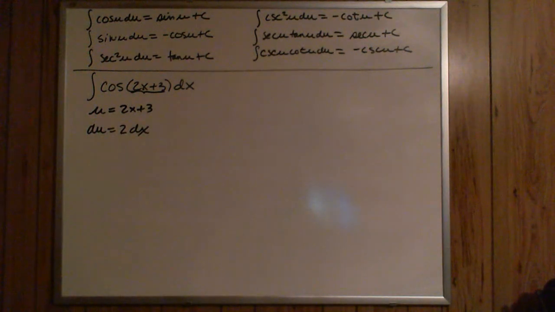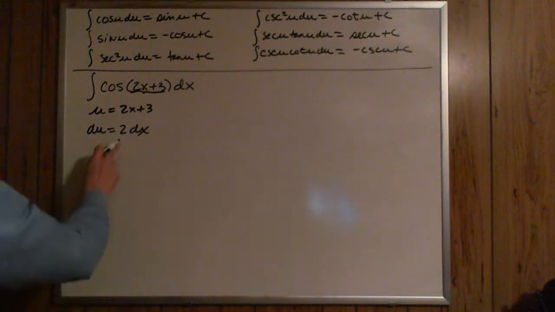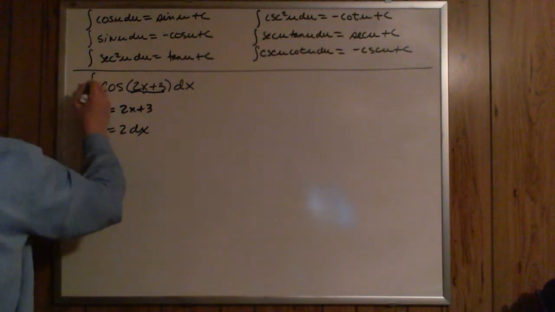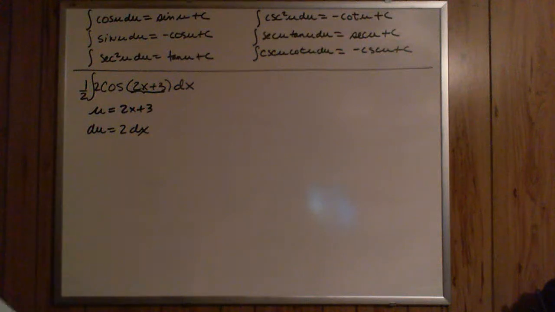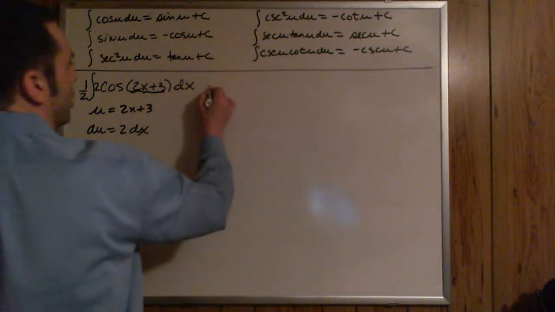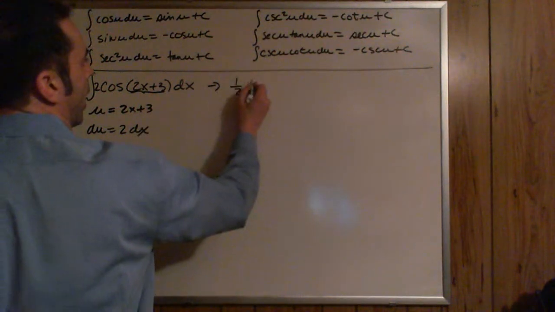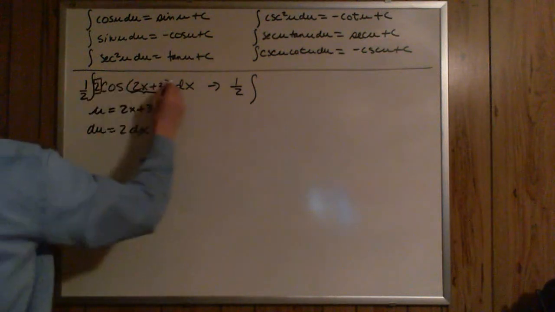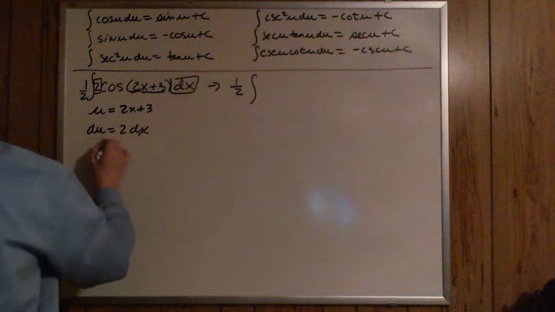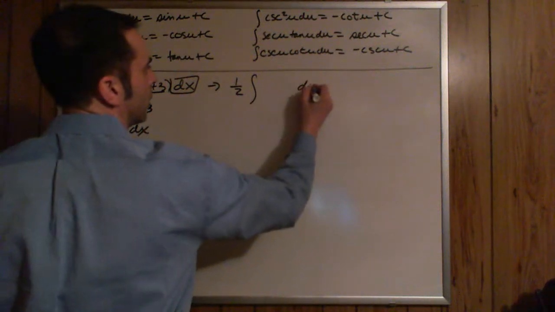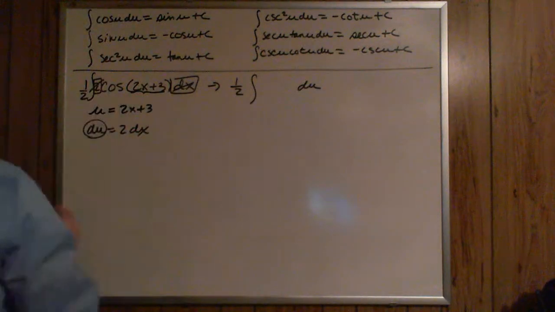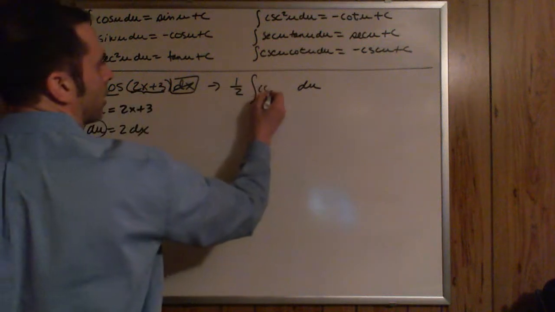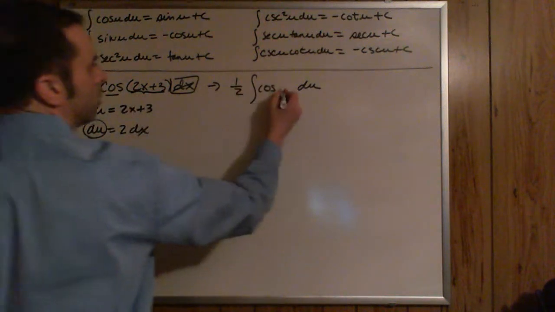And now we're going to mold the integrand. I will put a 2 in and take out a 1/2. So then now this would imply I'd have 1/2 times the indefinite integral of this 2 and dx would come together to become my du. So that would go, and this would be cosine, and this is u.